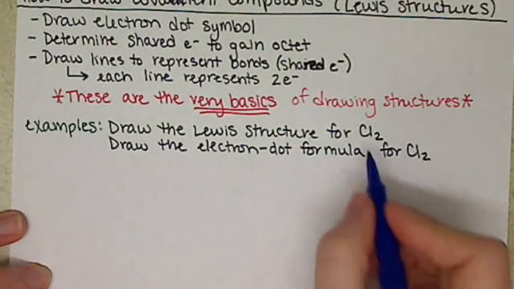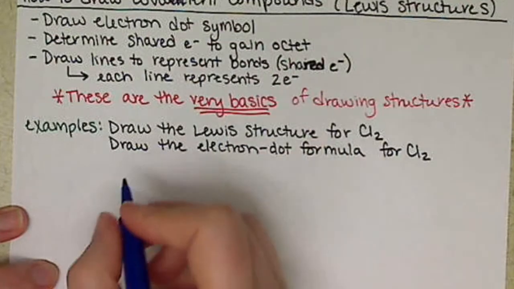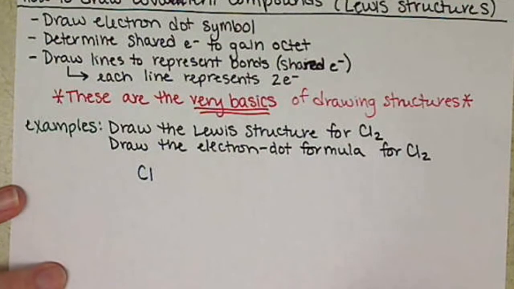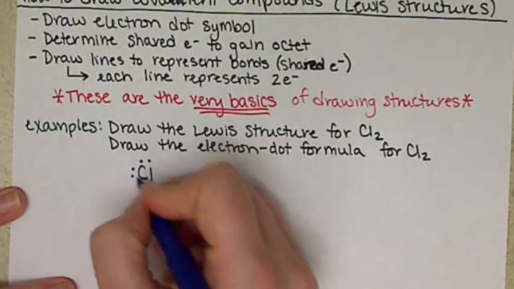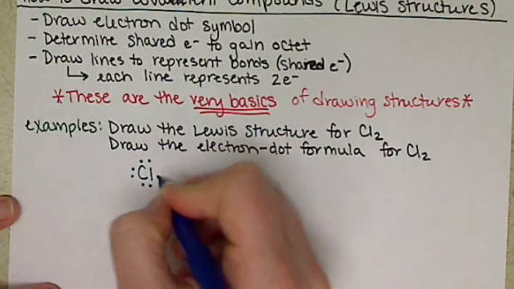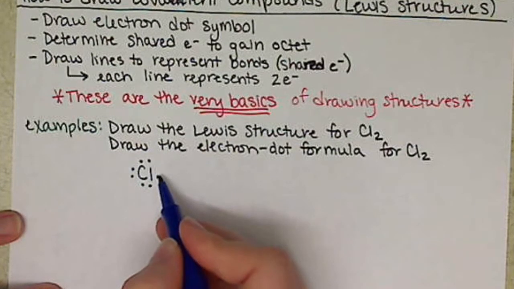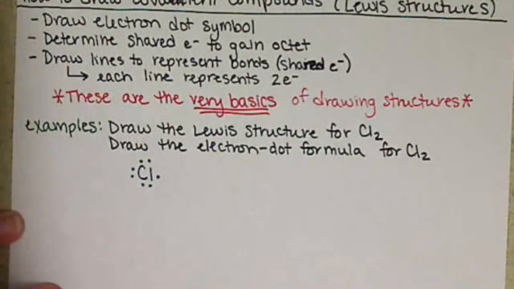All right, so what we want to do is draw the electron dot symbol for both of our atoms. So we have chlorine. Chlorine is in group 7A, so it has 7 valence electrons. So I have 2, 4, 6, and 7. I'm going to put that unpaired one right next to where I'm going to draw my other chlorine.